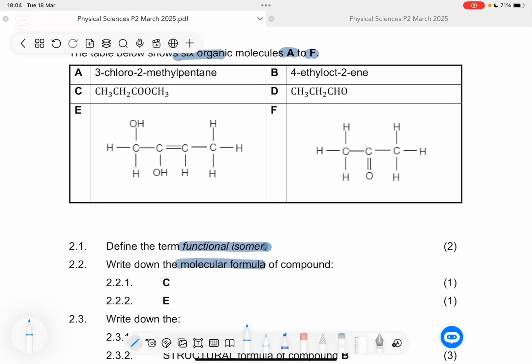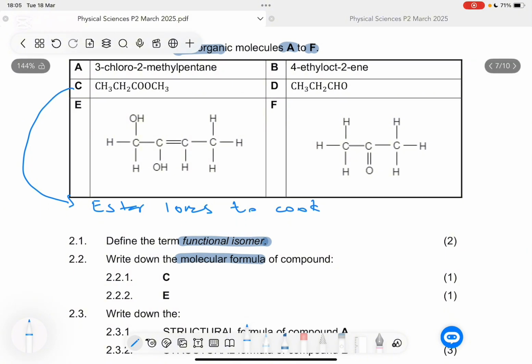Now, I don't know what method you use to memorize your functional groups, but I'll share the one I use. How I know that this is an ester is that I use a phrase that says, "Esther loves to cook."